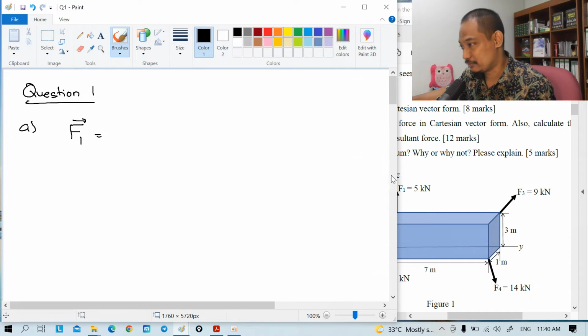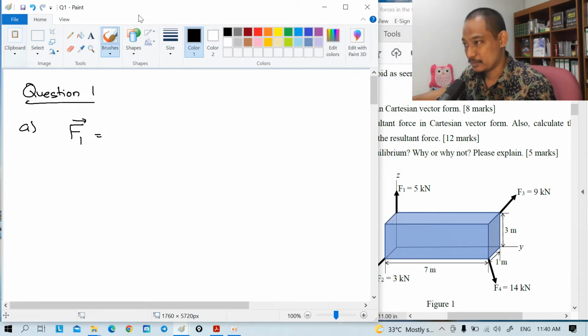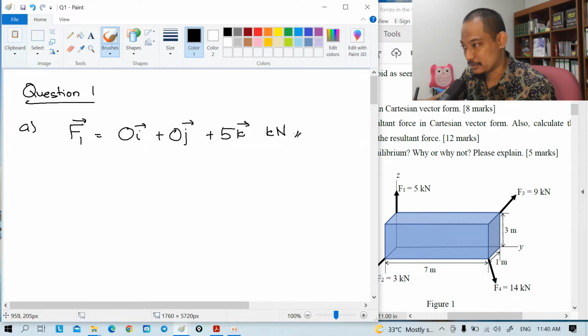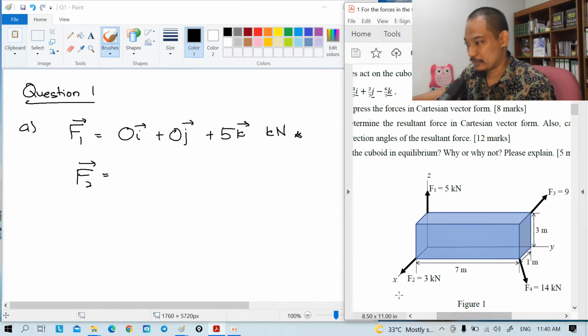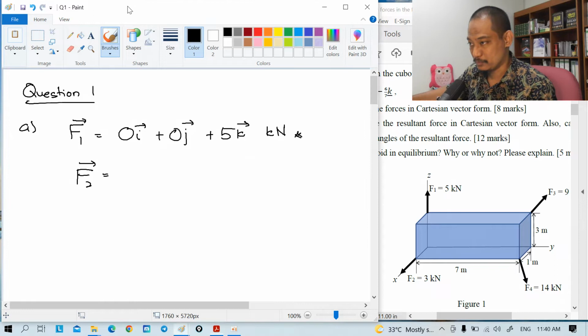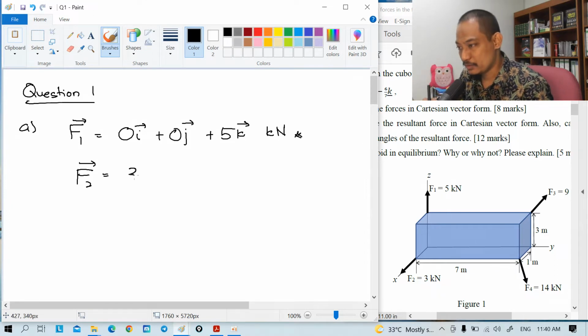So if you write in full, it will be 0i plus 0j plus 5k kilonewton. That's the first answer. F2. F2 is along the x-axis, 3 kilonewton. So 3i plus 0j plus 0k kilonewton.